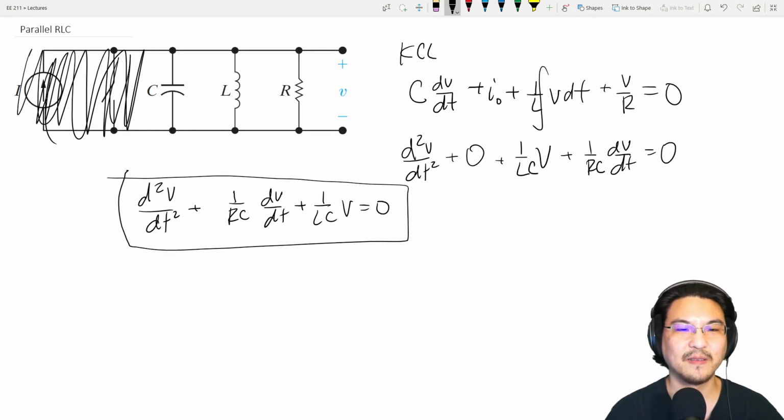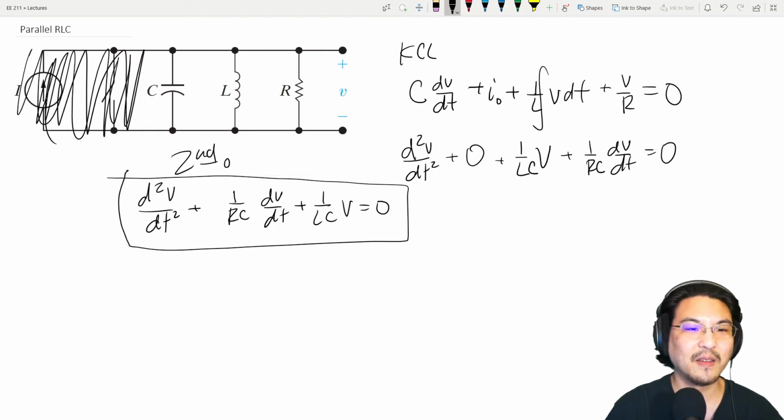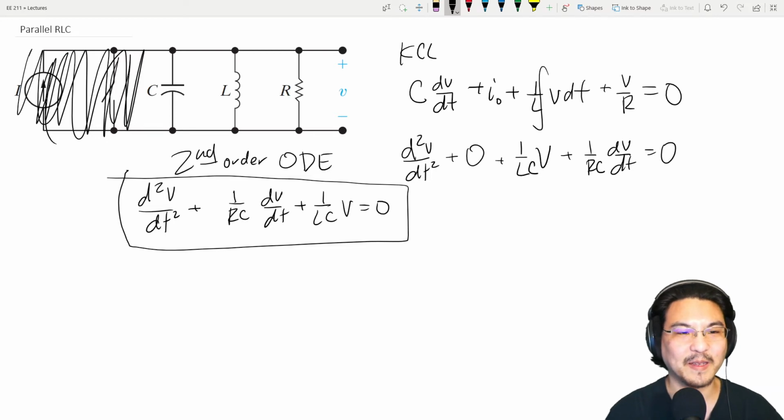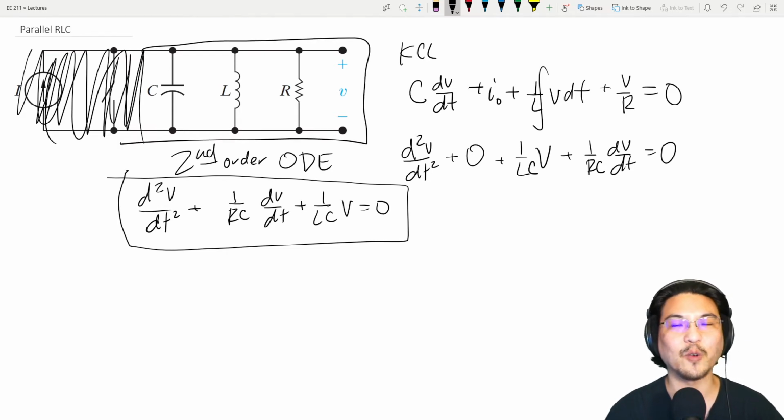This is a homogeneous second order ODE with constant coefficients. The highest order is second, and then it's V dV/dt, V. And so circuits like this are called second order circuits.